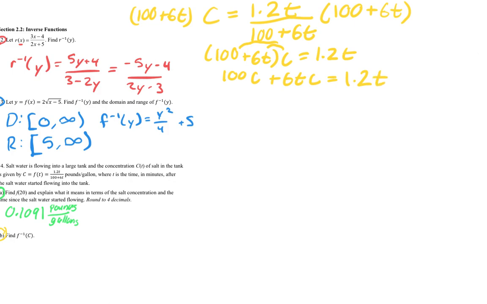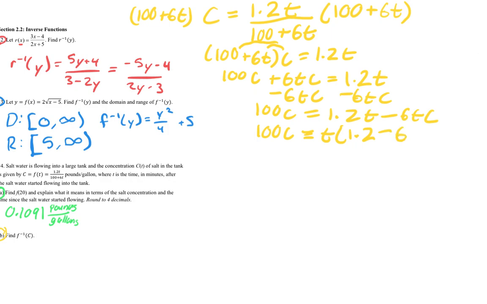I want to get all the t's together so I can solve for t. So minus 6tc on both sides, so 100c is equal to 1.2t minus 6tc. Next, I want to factor out a t on the right side. So 100c equals t times (1.2 minus 6c). Now I'm going to divide both sides by 1.2 minus 6c.